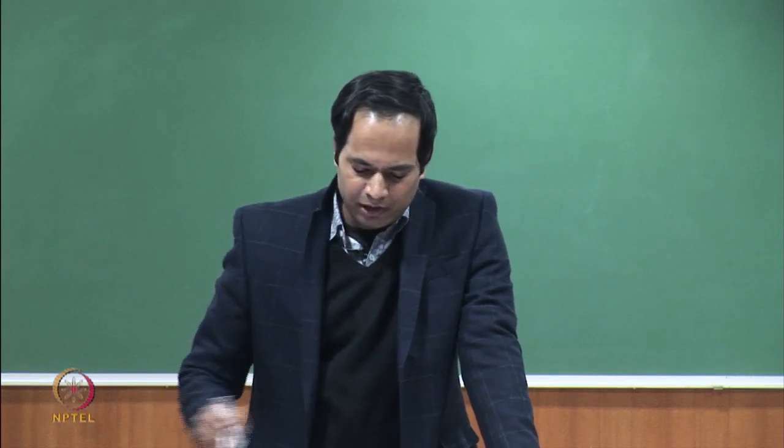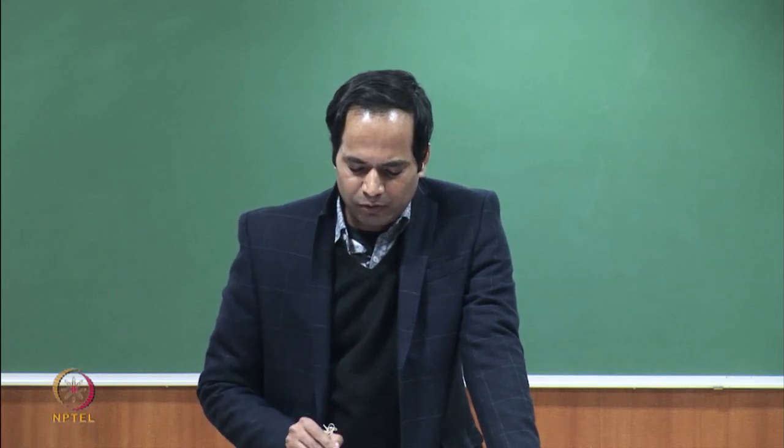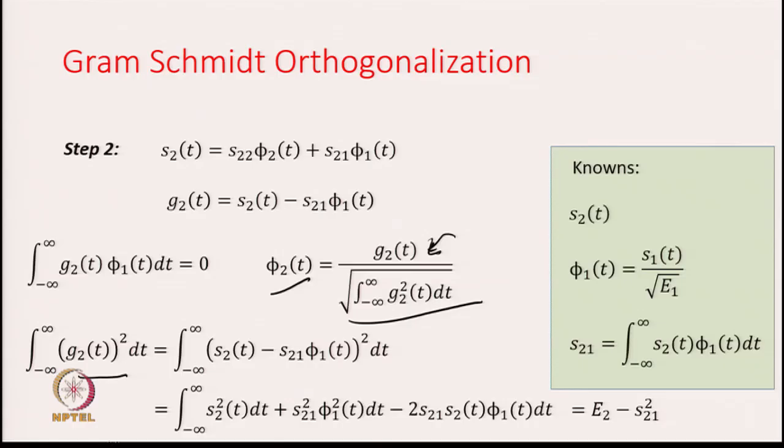Let us find what is the energy of g 2 t. Energy of g 2 t could simply be obtained by finding the integration of the square of g 2 t. So, plugging in the value of g 2 t here, then using the identity a minus b whole square as a square plus b square minus 2 a b.